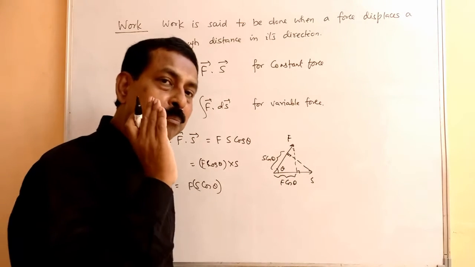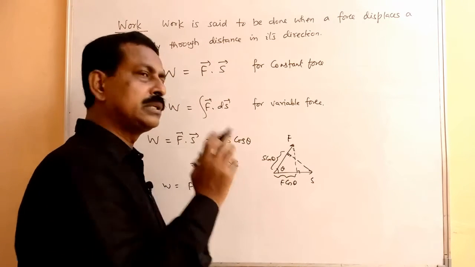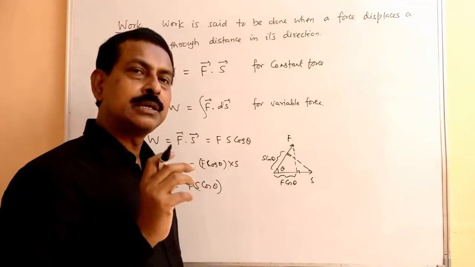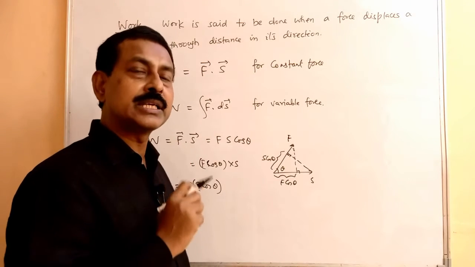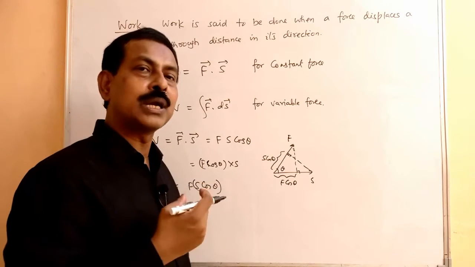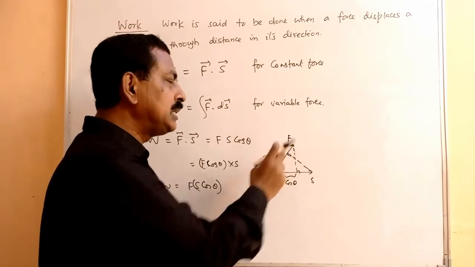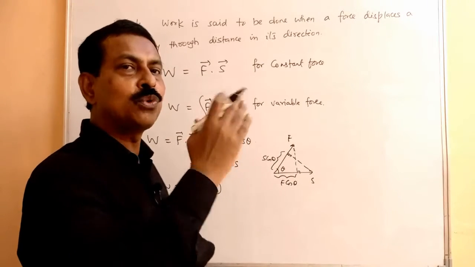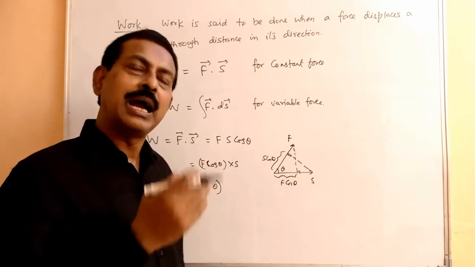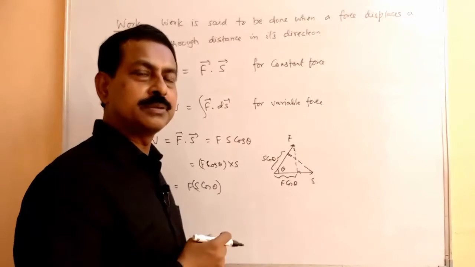So this basic thing you can remember and it will help you in finding work done in some special cases there and some complex also when you have to find the work done. Many times you'll find that it will be easier to take the component of force in the direction of displacement and you can take the product of the component and the displacement.